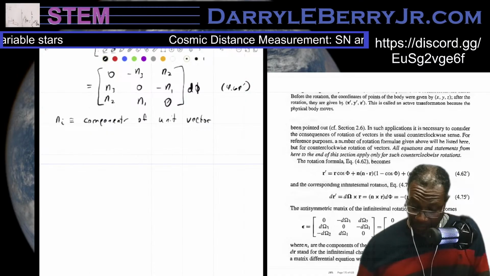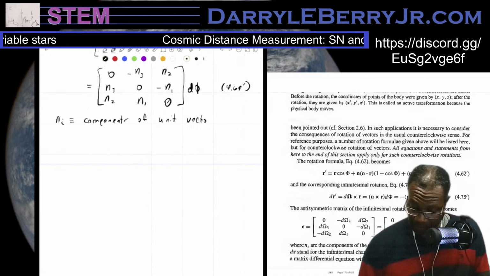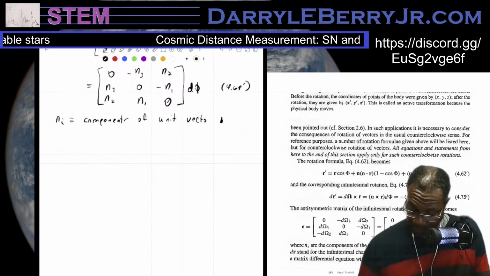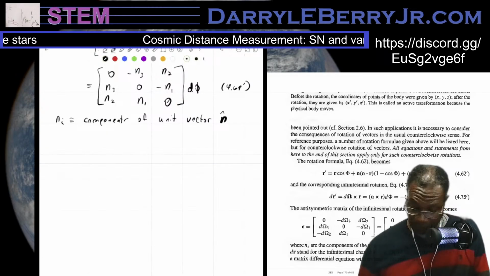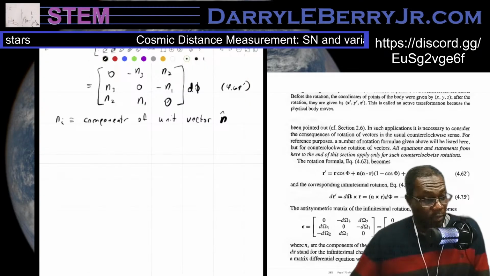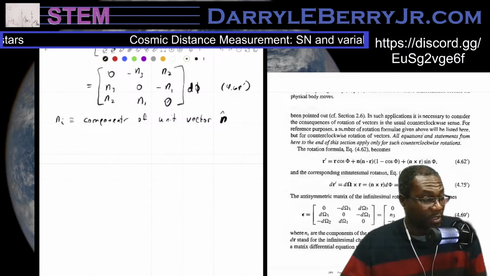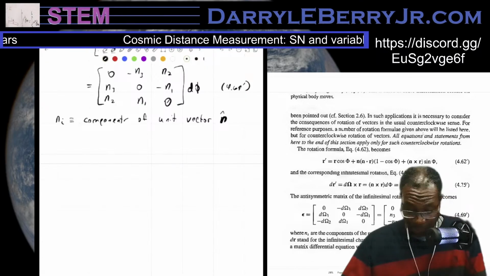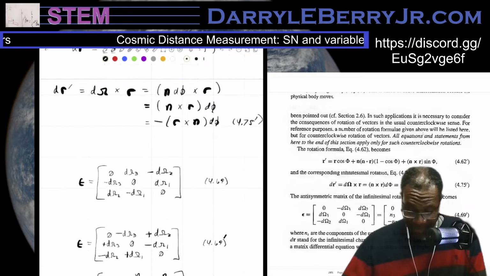along the axis of rotation, letting dr stand for the infinitesimal rotation r prime minus r.